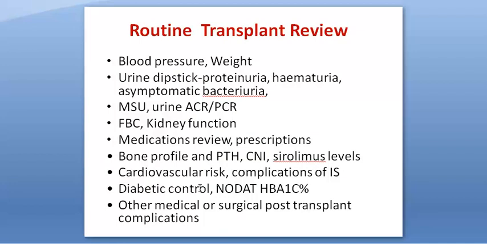During the transplant follow-up clinic, there is a routine transplant review: taking blood pressure, weight, urine dipstick for proteinuria, hematuria, and asymptomatic bacteriuria, sending MSU, urine ACR and PCR, identifying new proteinuria, full blood count and kidney function, medication review and prescription, bone profile, parathyroid hormone, and the levels of the immunosuppression, sirolimus levels and calcineurin inhibitor levels, assessing the cardiovascular risk and complications of the immunosuppressive medication, and identifying new onset diabetes after transplantation.